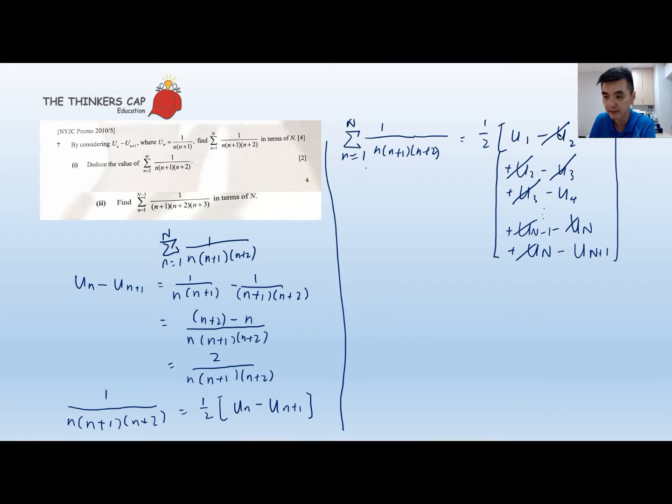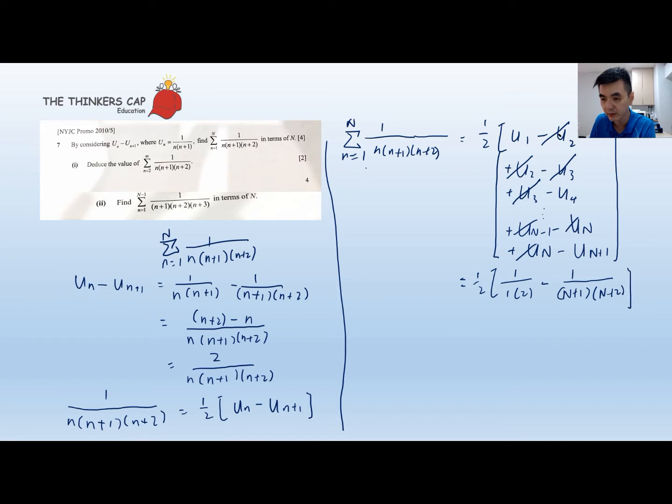In this case, I'm going to put the values in to find out exactly what term that is. So that's half of 1 over 1 times 2, minus 1 over (n+1)(n+2).